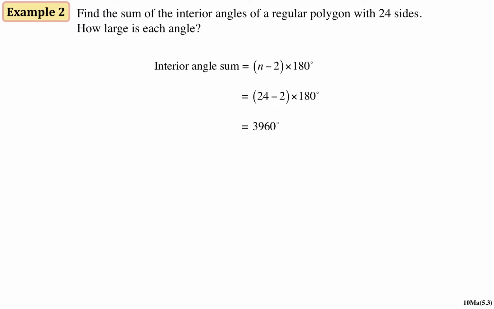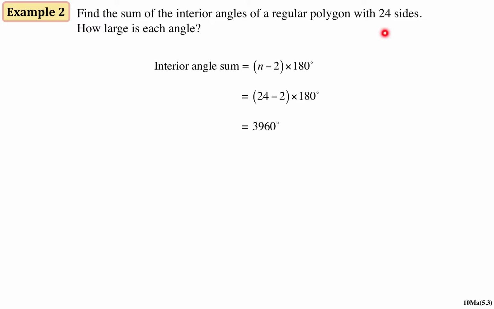So for my 24-sided shape, there's going to be 24 angles inside it, and all 24 angles will add up to 3,960 degrees. Question then says, how large is each angle? Well, because it's a regular polygon, regular polygons mean all sides are the same length and all angles are the same size.